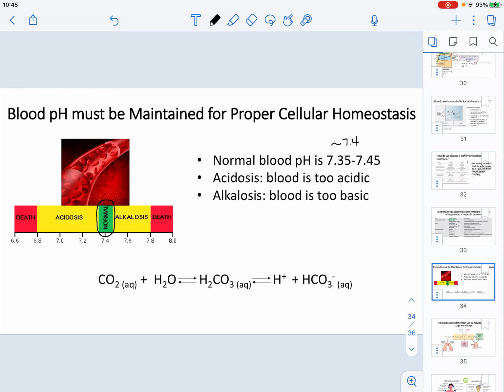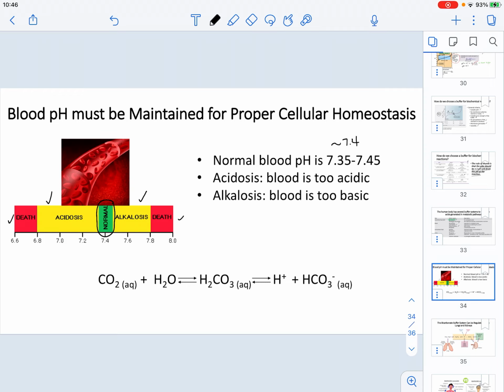Here we have alkalosis, which means that the pH of the blood is higher than 7.4. We also have acidosis, where the pH drops lower than 7.4. Understand that if the pH gets too high or too low, both of them result in death.